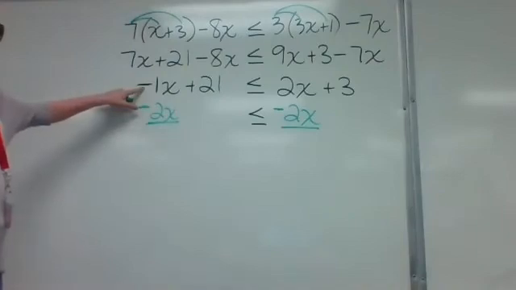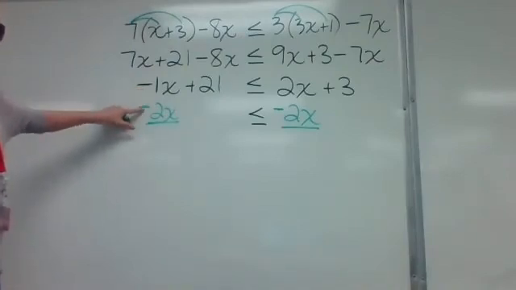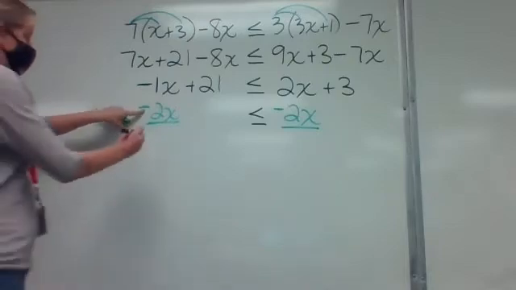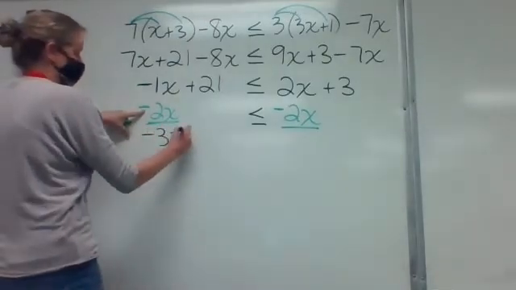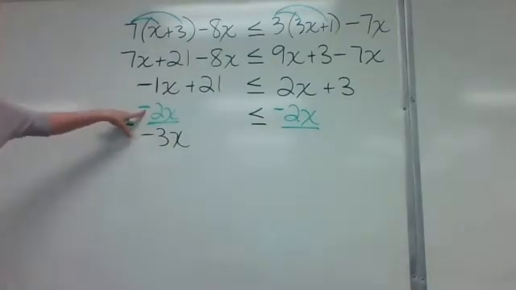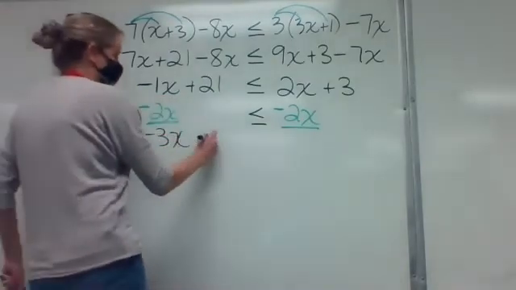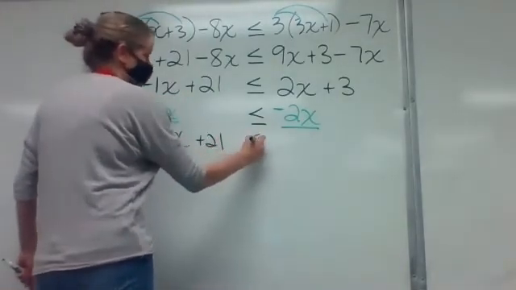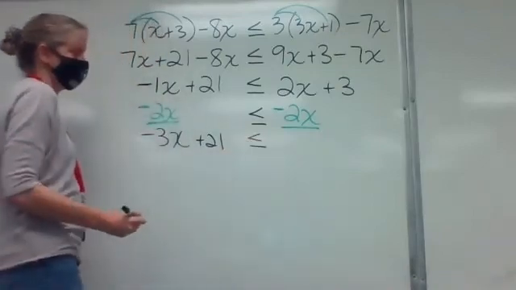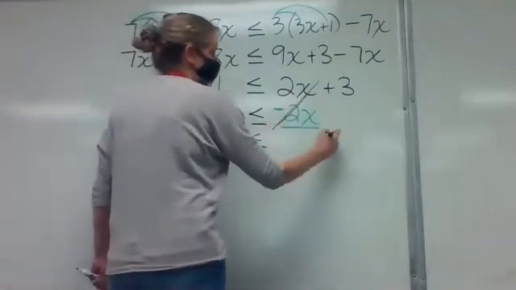So let's see, negative 1x minus 2x. So if you're at negative 1 degrees and you go down 2 more, now you're at negative 3x. Drop down my plus 21. Drop down my symbol. All that's left over there is 3.